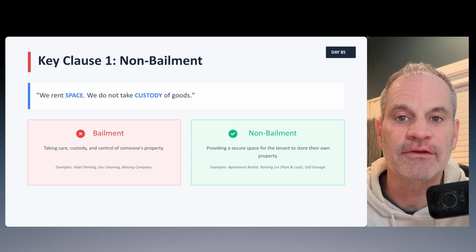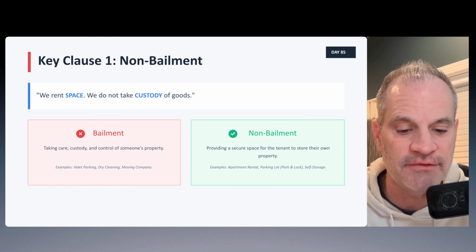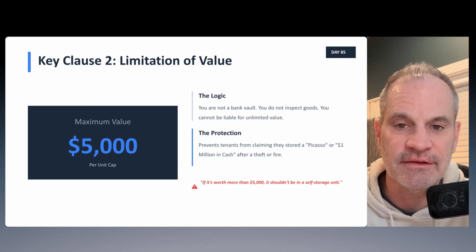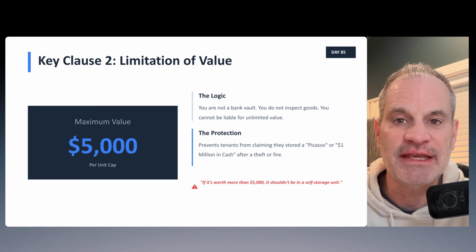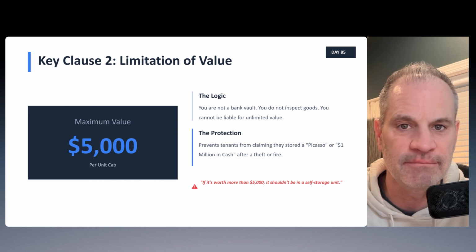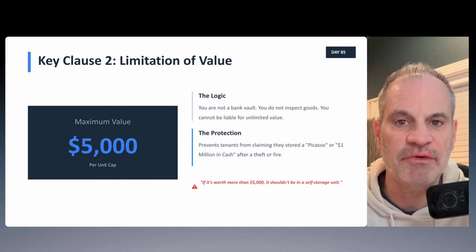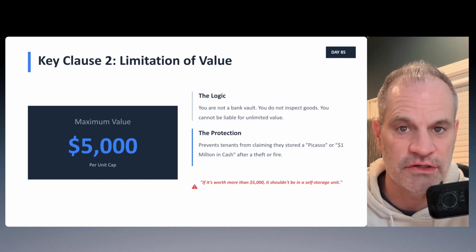This leads us directly to the next key clause, by the way, which limits your exposure even further. And that's the limitation of value clause. The limitation of value clause is very important. You must cap the maximum value a tenant can store in a unit. I recommend a cap of $5,000 per unit if we're just talking self-storage.